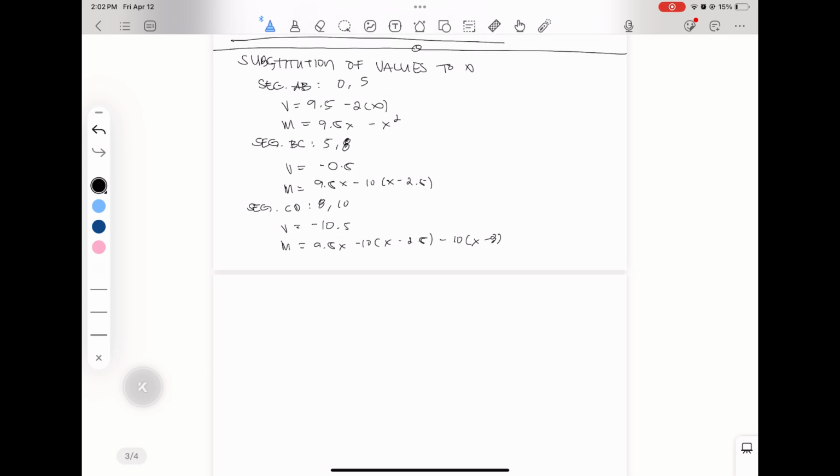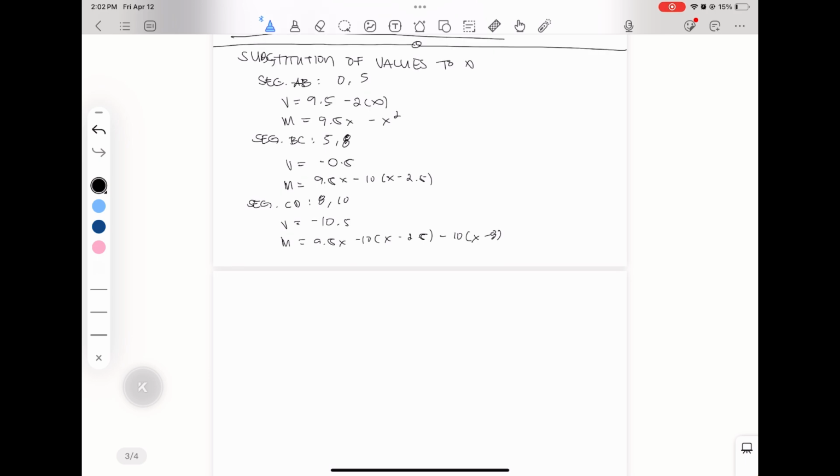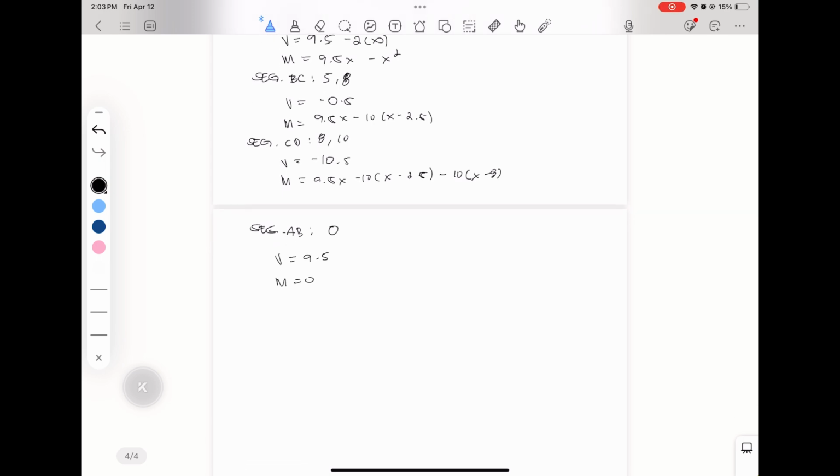So for segment AB, when x is 0, V is equal to 9.5 and moment is equal to 0.